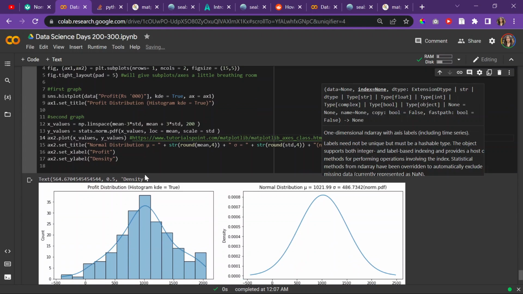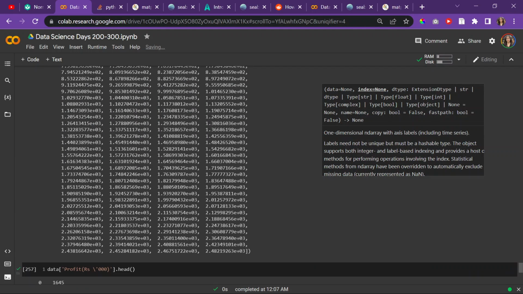So I explored, I didn't know this before, I was learning as we went, the difference between kernel density estimations versus probability density functions.